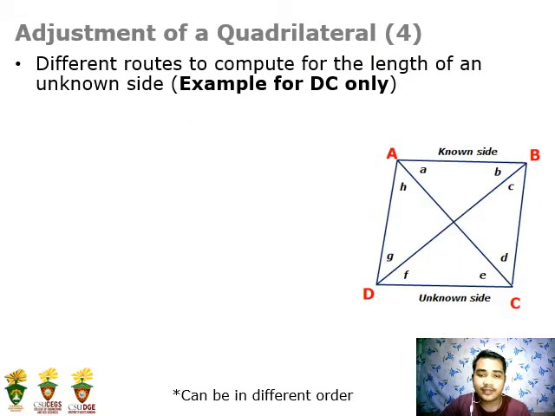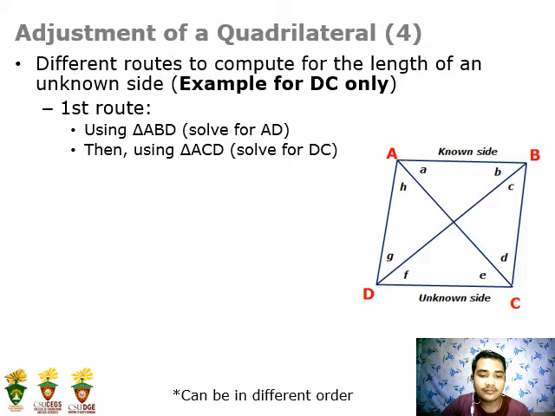Different routes, again, as I said earlier. First route is A, B, D to solve for AD, which is their common side. Then use A, C, D to compute the unknown side.